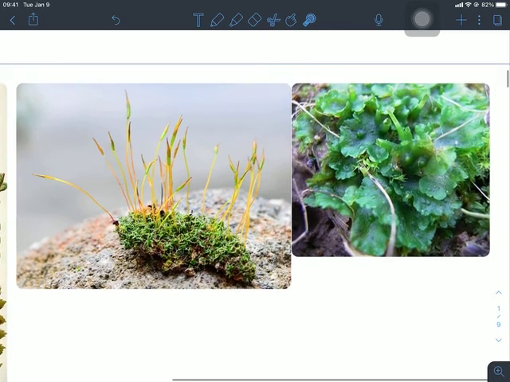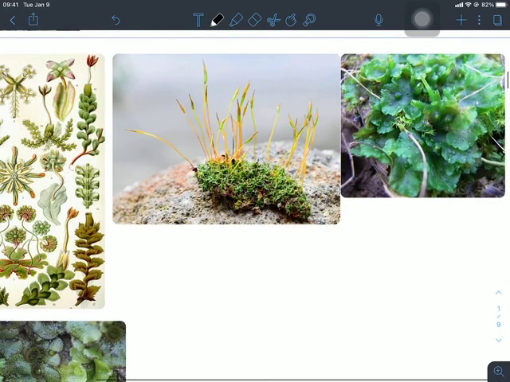And then we have hornworts. These look similar to, or can look similar to our liverworts because they have similar body plans.